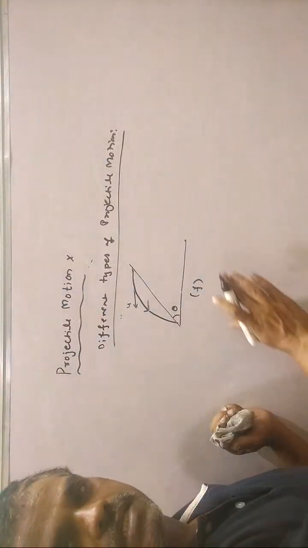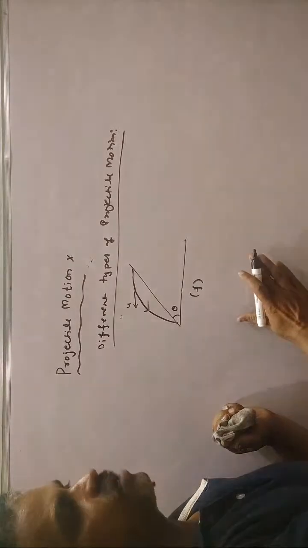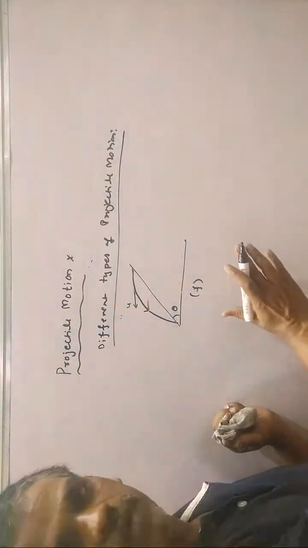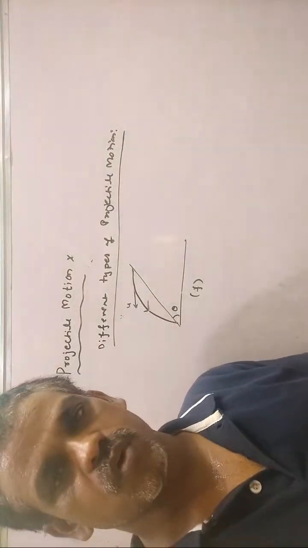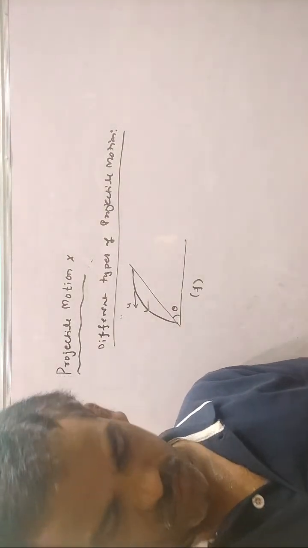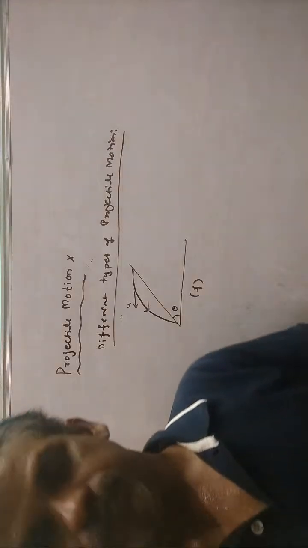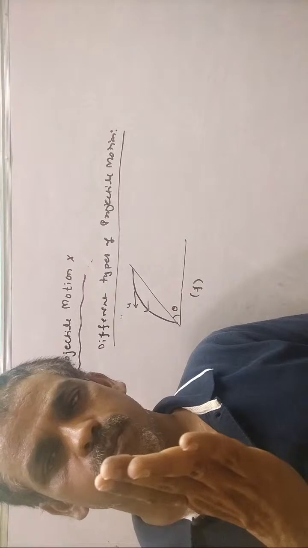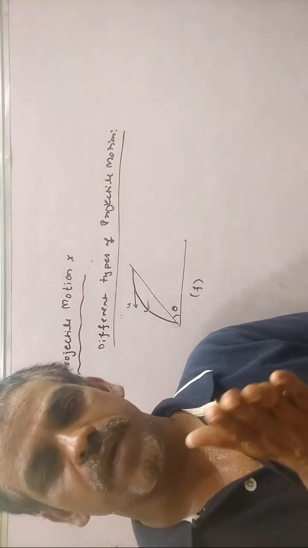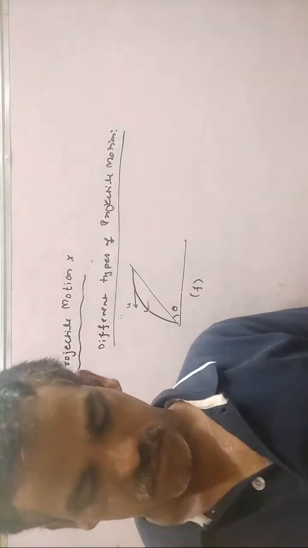So these are the different types of projectile motion I discussed. First is oblique projection, where the velocity vector makes an angle theta with the x-axis.